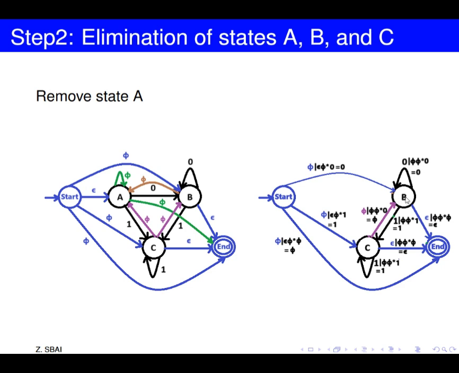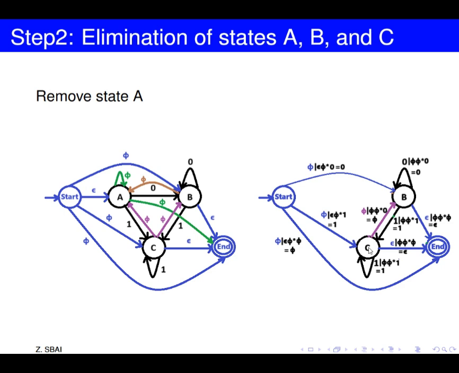For the transition going from B to C, we will write down here 1, or via A, we will have empty set star 1, and the result will be 1. For the transition going to end from B, we will write down here epsilon, the direct way, or the one through A, it will be empty set star, empty set, and the overall result here will be epsilon.